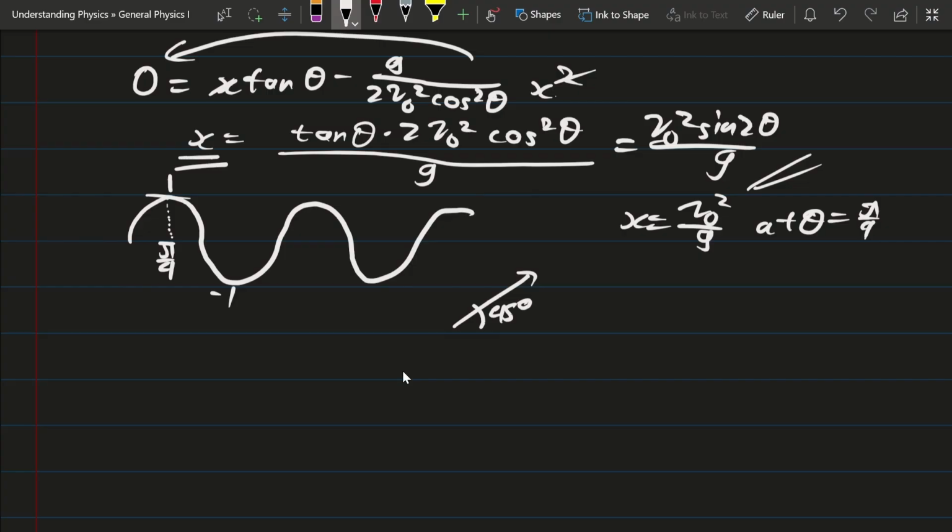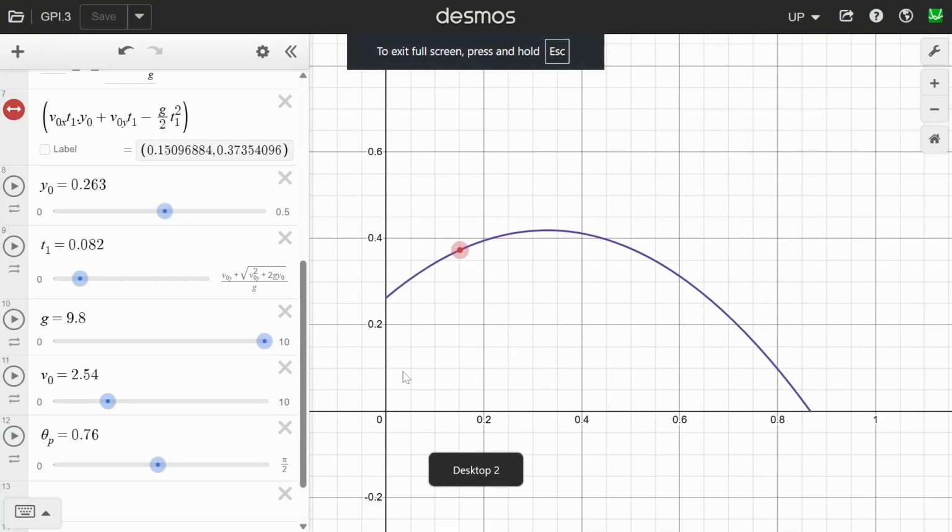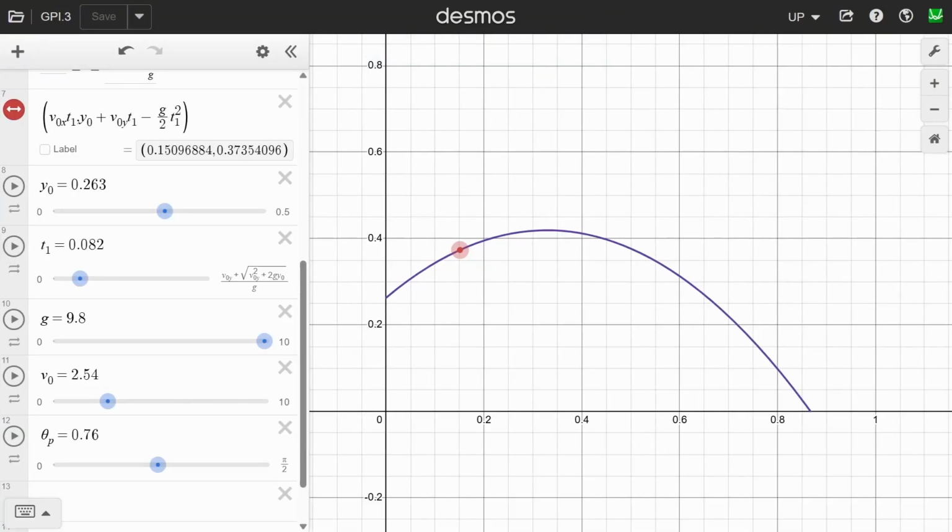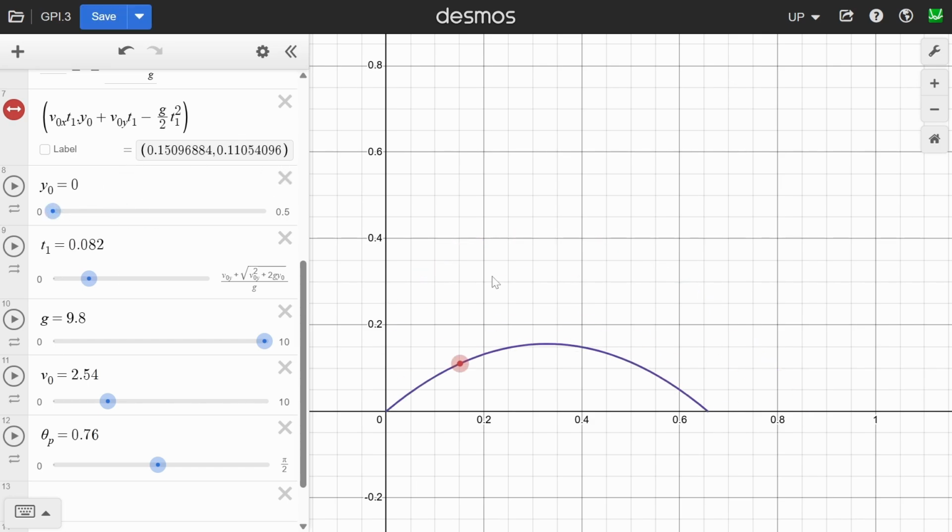So we could actually look at this in a simulation that I have already set up. In here you can see there are lots of different parameters, but in this case we want to set the y0 to be 0, which is our case.